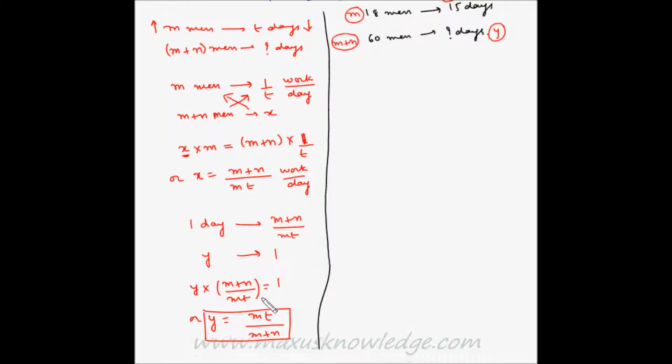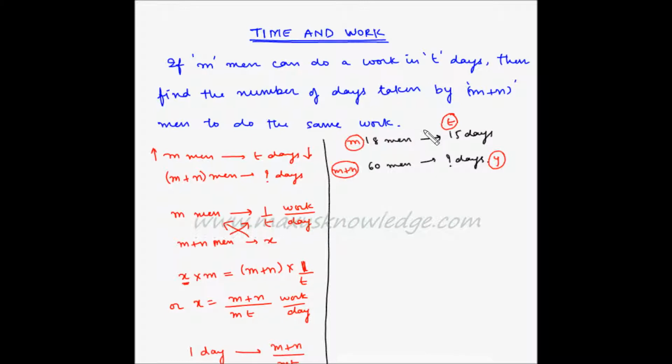Now let's use the formula here. So y is mt divided by m plus n. So y is equal to m multiplied by t divided by m plus n, which is equal to 18 multiplied by 15 divided by 60.